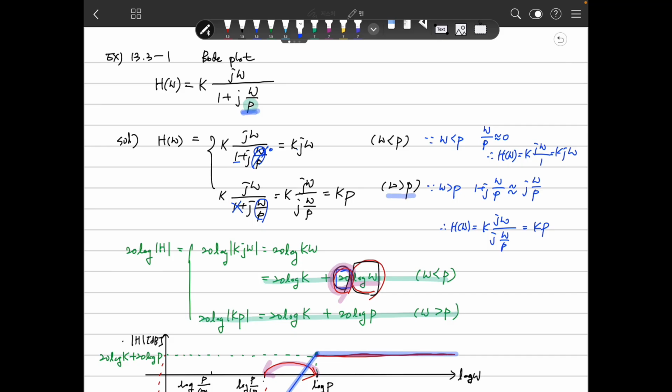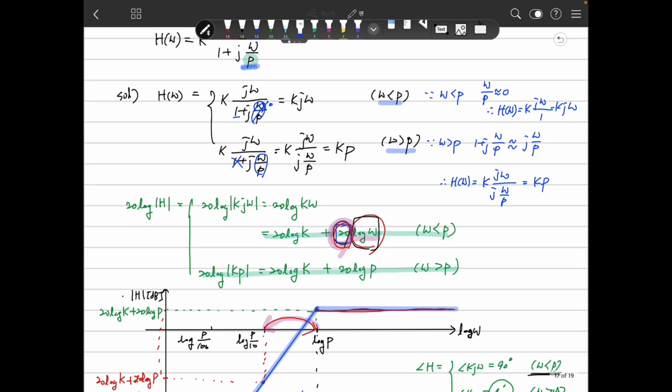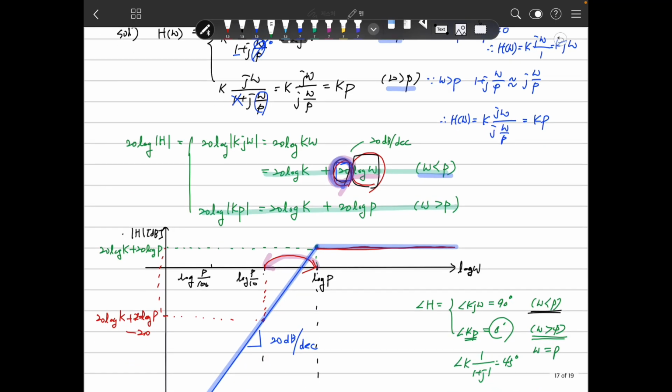Before that, we meet the pole. We call this a pole. Before we meet the pole, the slope here is 20 dB per decade. But how about after the pole? The slope is 0. Why? Because this is 0 log omega.